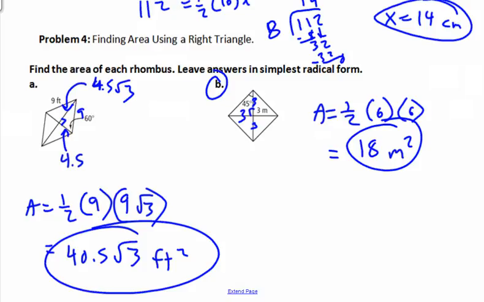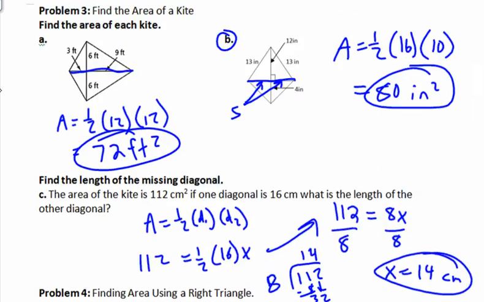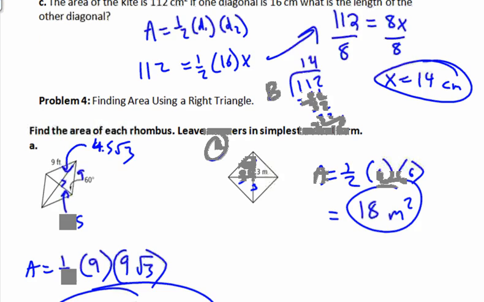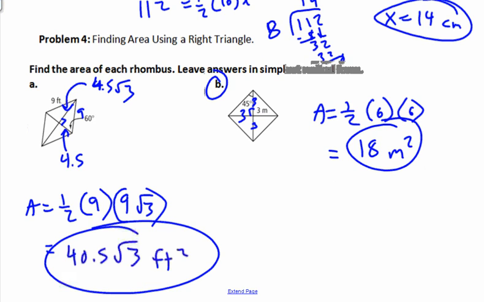We don't even need to worry about the hypotenuse because that's not what we need for the area of a rhombus or a kite. So all of them are 3, meaning the diagonals are each 6. So area equals 1/2 times 6 times 6. You multiply those out, and you end up getting 18 meters squared for the area.